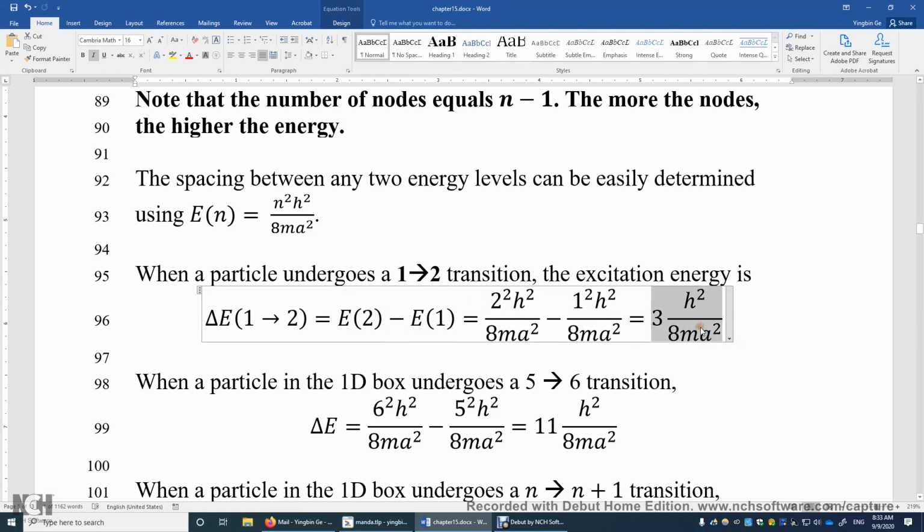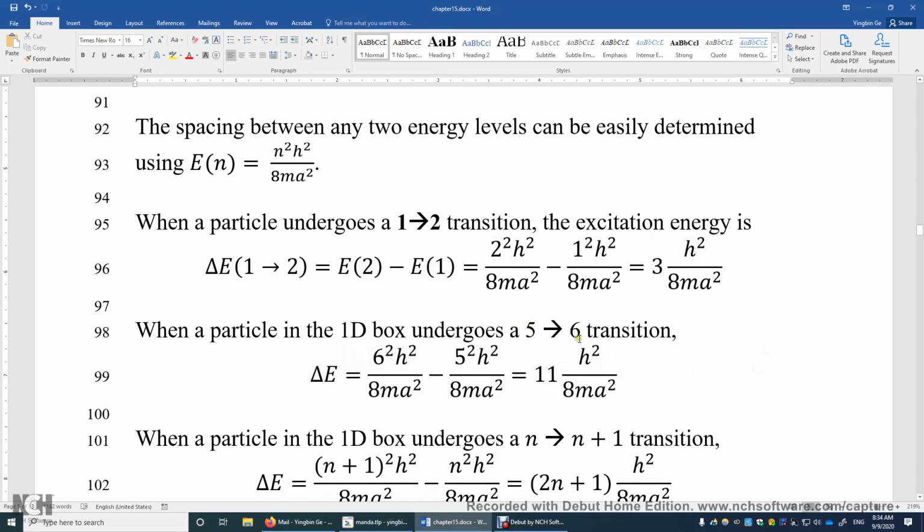Why is this important? Well, just imagine a situation. A particle in level 1 absorbs a photon and gets excited to level 2. Now we know how to calculate the energy of the photon and, of course, the frequency and the wavelength of the photon. Another example, 5 to 6 transition.